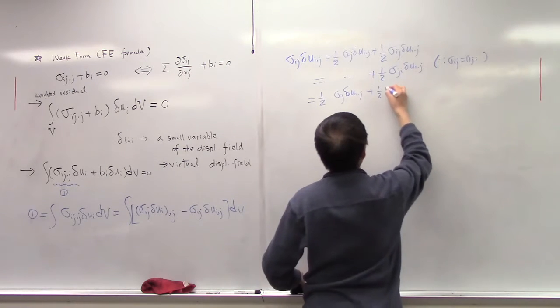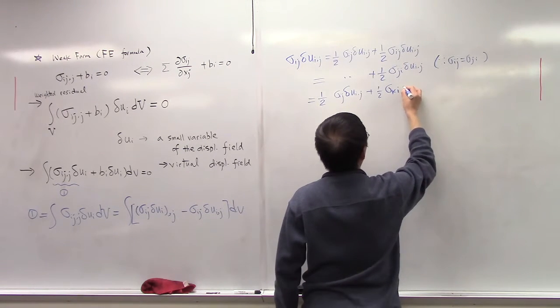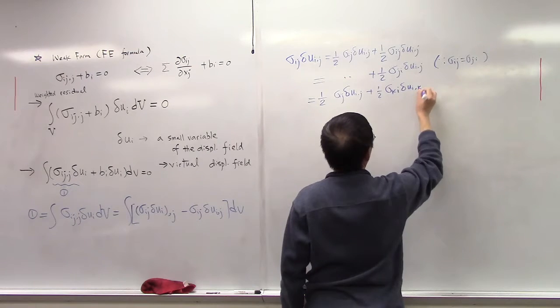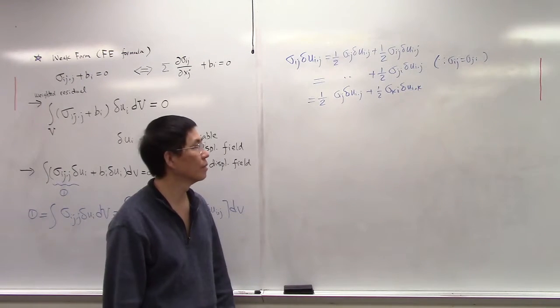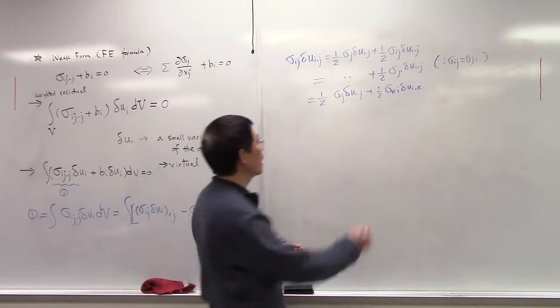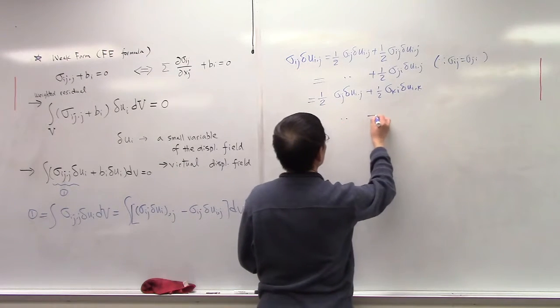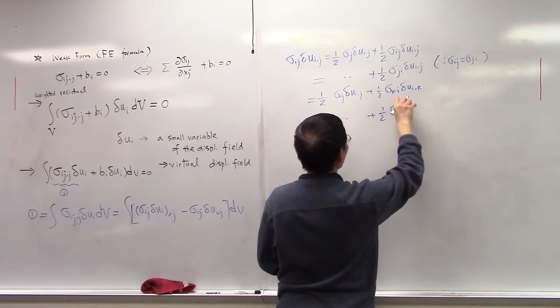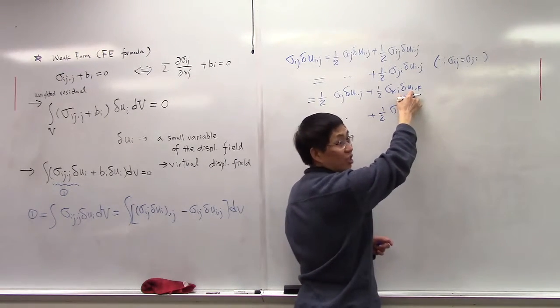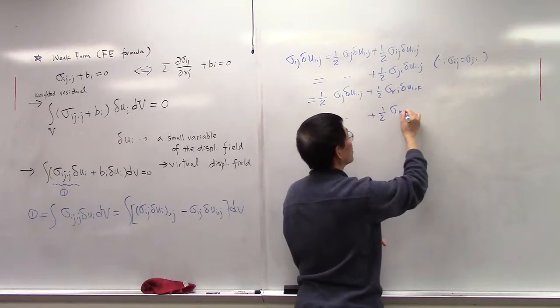So I'm going to call this sigma ik, okay? So this is i. delta ui comma k. That's the same. And then I write that, and because I can do it, I can also call this sigma ik. Now these i's are also dummy. I can call it j if I like.